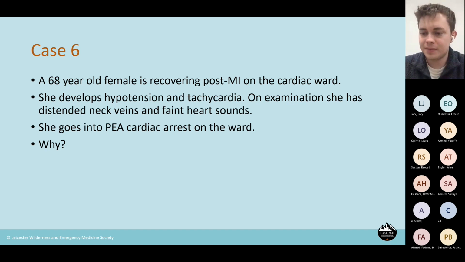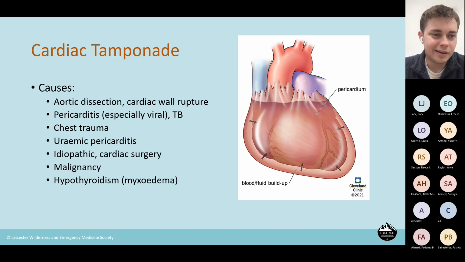Yeah, great. So likely here is cardiac tamponade, potentially. There are always other things to think about, but in terms of our H's and T's, we're thinking potentially cardiac tamponade.